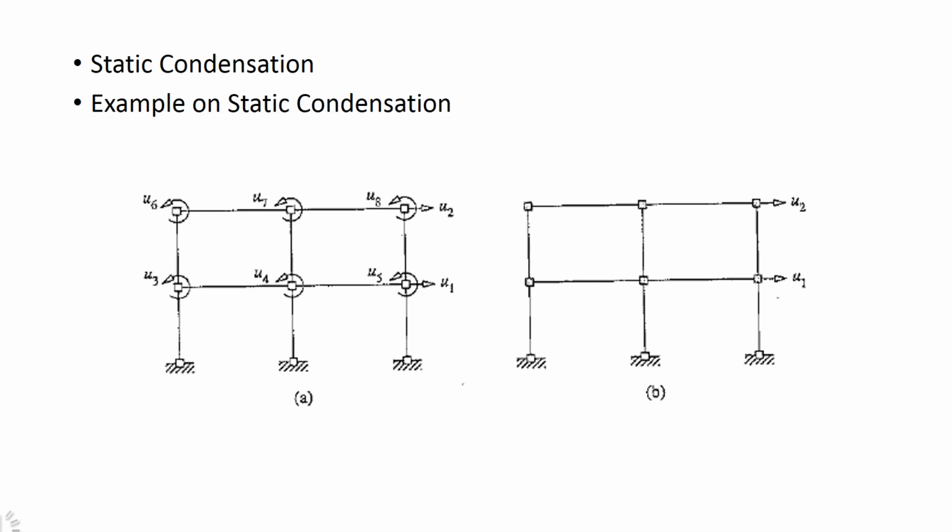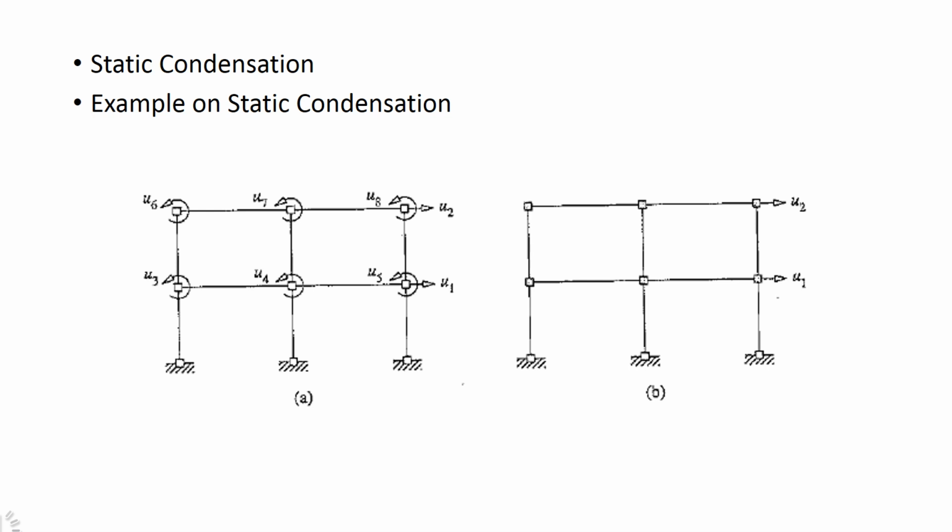Now, in static condensation, what is done is that we are basically eliminating from the dynamic analysis those degrees of freedom of a structure to which there is no mass attached. All the degrees of freedom are thereby included in the static analysis, but we are actually condensing the matrix into the knowns and the unknowns.